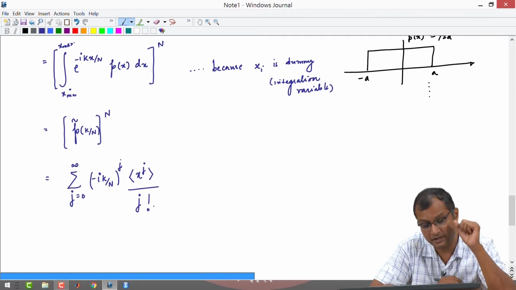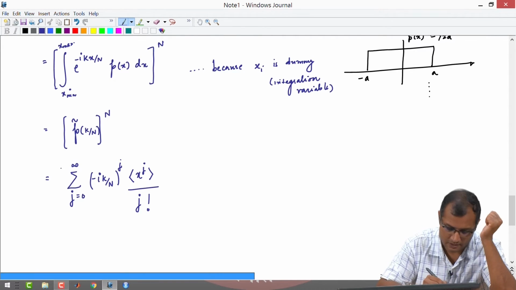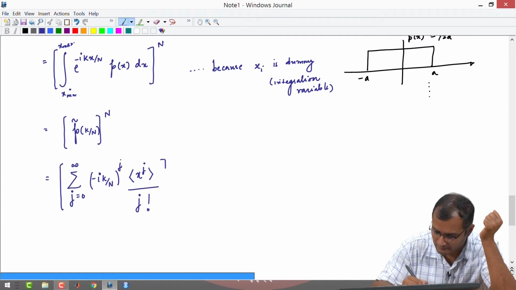That is the characteristic function for the wave number k by n, and the entire thing is raised to the power n.